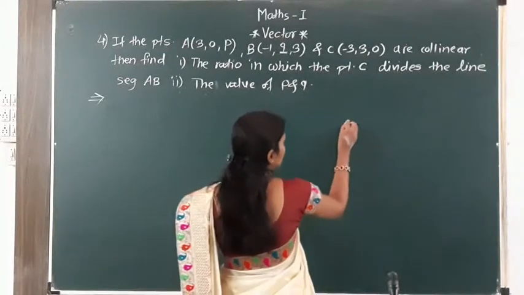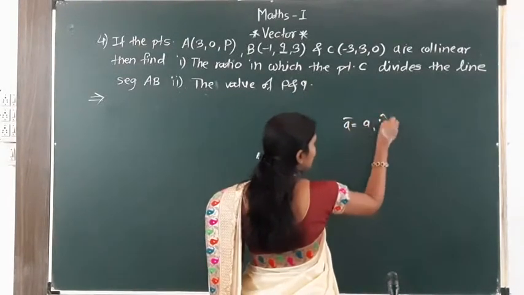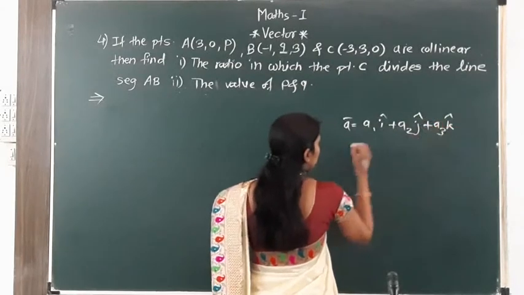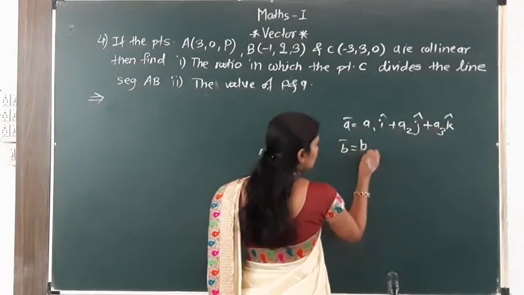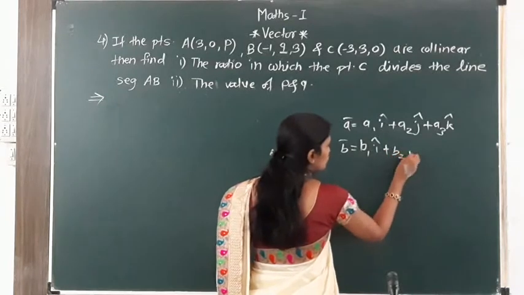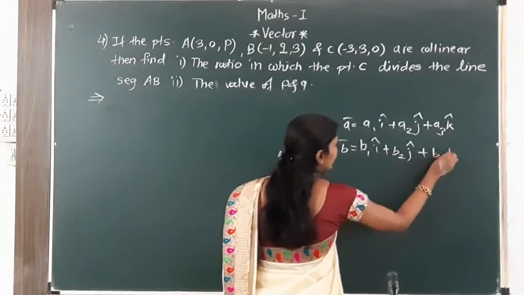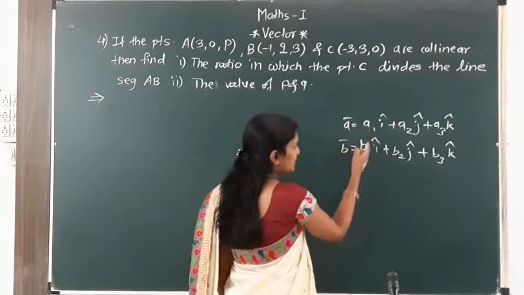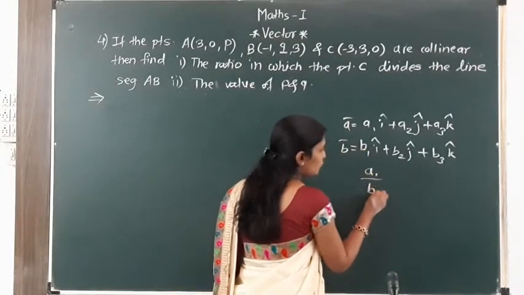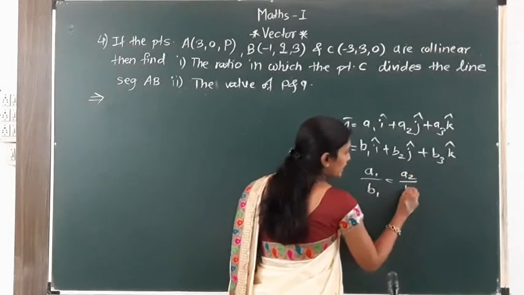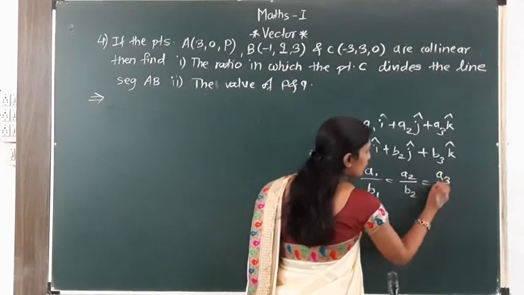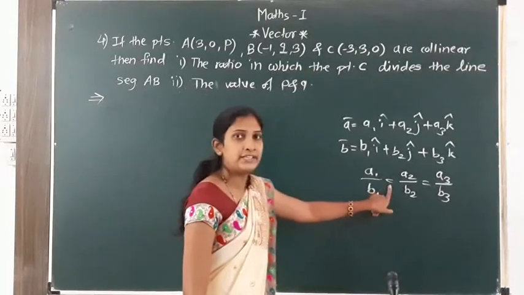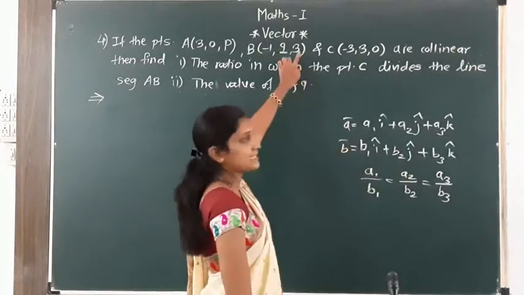Suppose A bar is A1 i cap, A2 j cap, A3 k cap, and B bar is B1 i cap, B2 j cap, B3 k cap. If A bar and B bar are collinear, then A1 upon B1 is equal to A2 upon B2 is equal to A3 upon B3. This is the condition of collinearity, and we use it in this example.